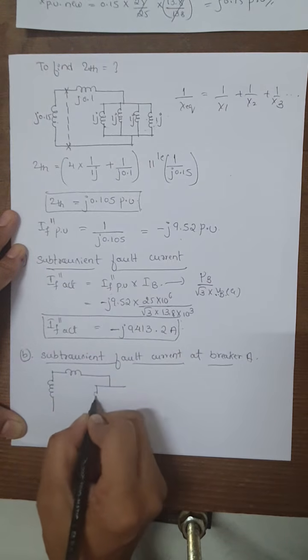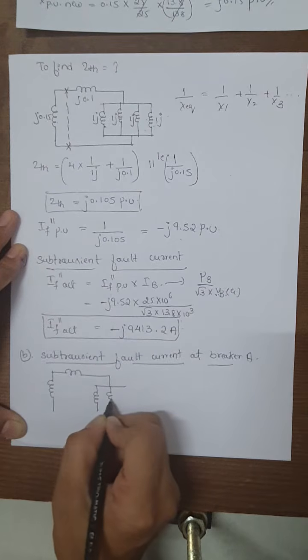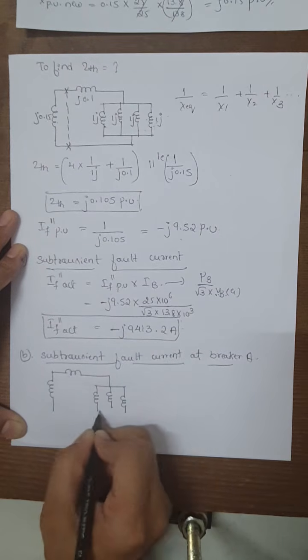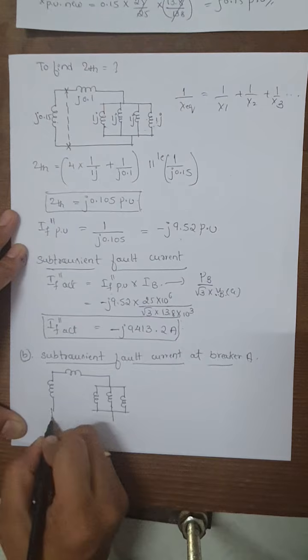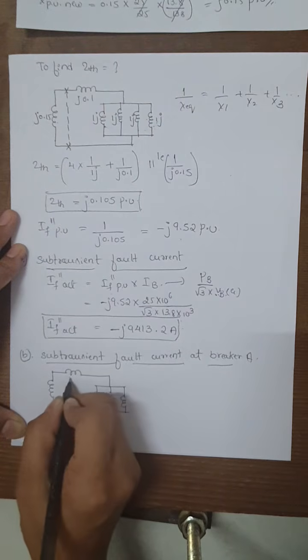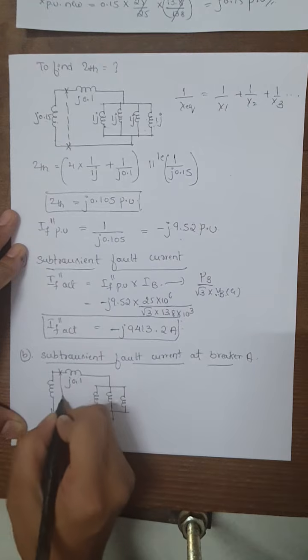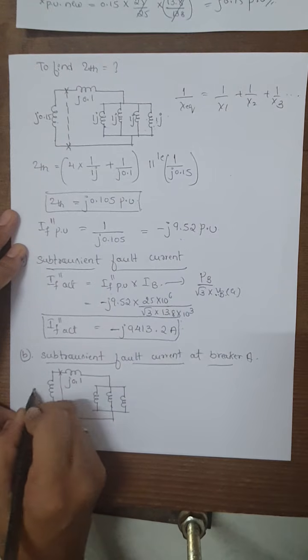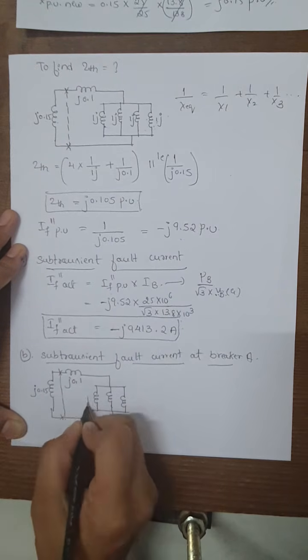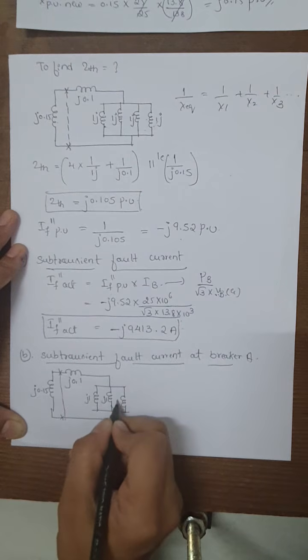Here only 3 reactances of the motors will be there, and one will be disconnected due to the operation of circuit breaker A. This is J0.1, and this is, as usual, the fault point near the generator side. This is J0.15, and these are all the reactances.